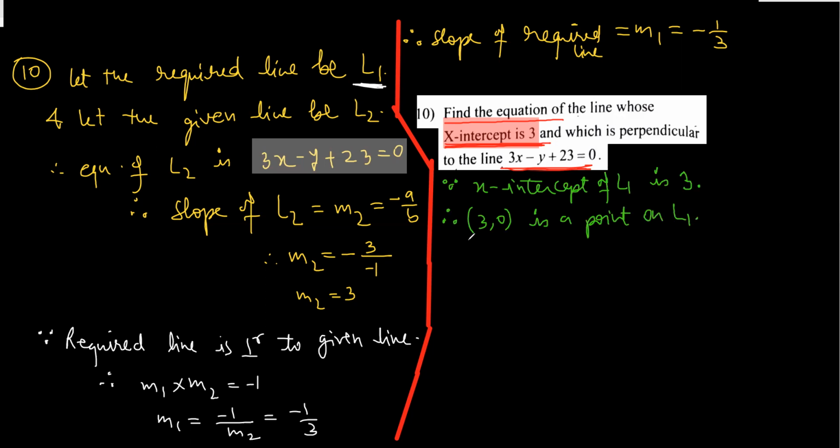Now see here, students, you have a point on L1, the required line, and you have the slope of L1. Can you get the equation of L1? Yes, you can find the equation of L1 in slope point form.